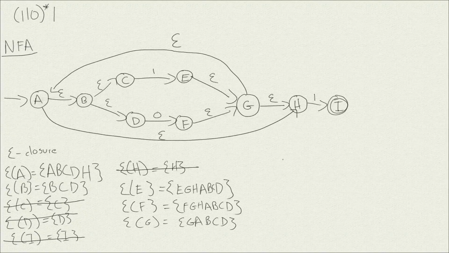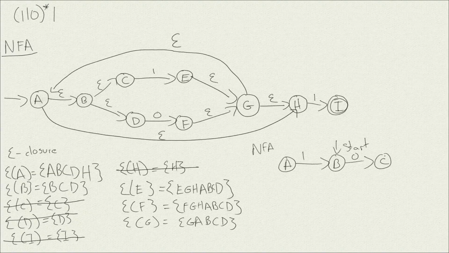So if I have an NFA with A, which is the starting state, and it goes with 1 to B, and let's say with 0, B goes to C, and C is a finishing state. You see how we start at B, and with 0, we go to C. So our regular expression here is simply 0.